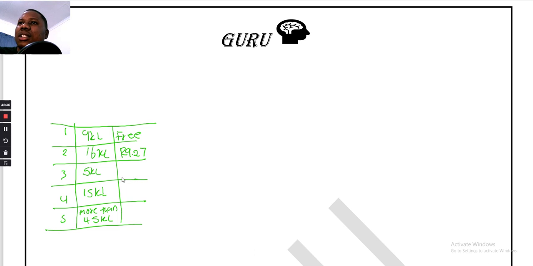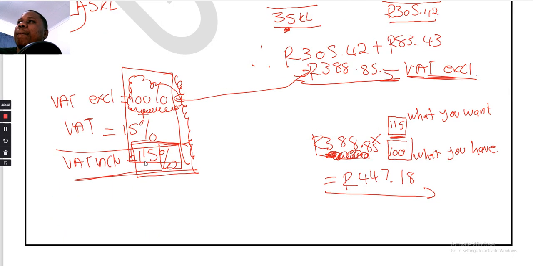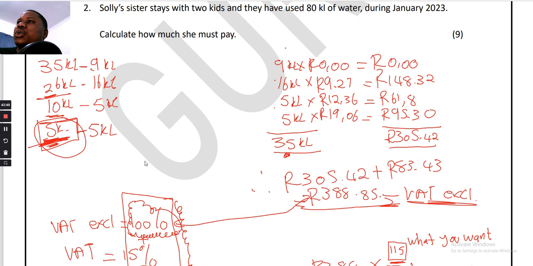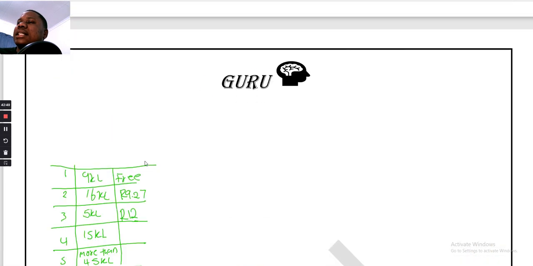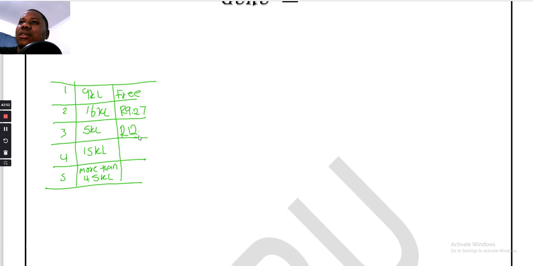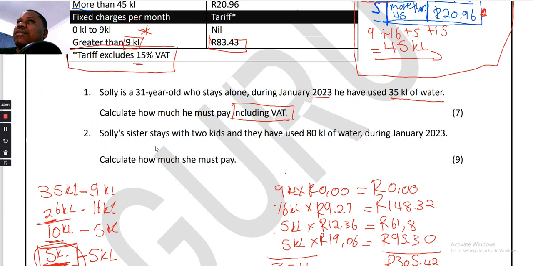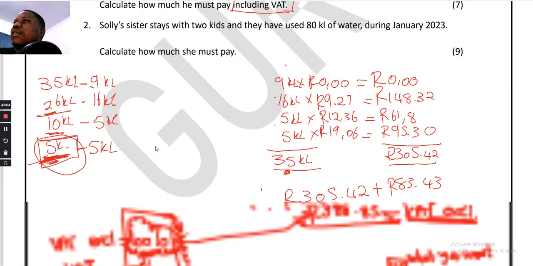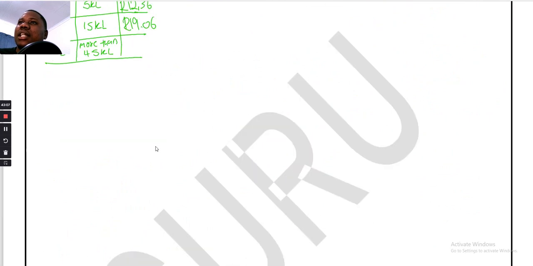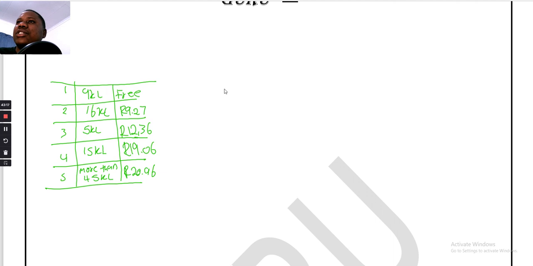So this one was 12,36, 19,06. More than 45 is 20 rand 96 cent. I'm going to be fast on this last one, straight to what is needed.